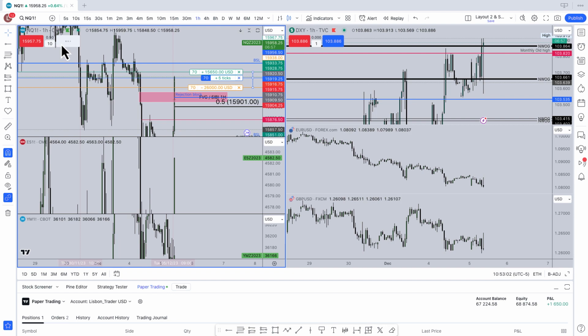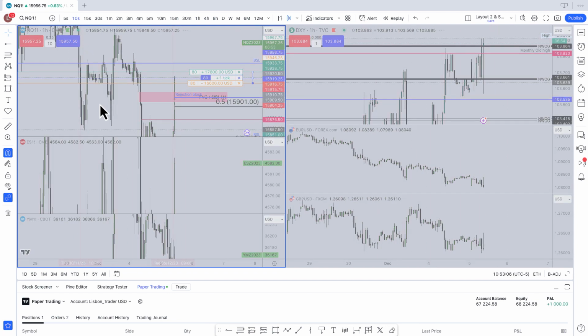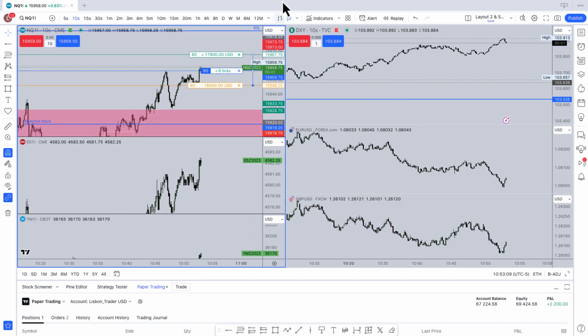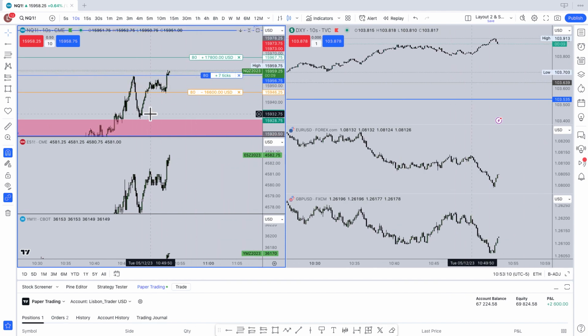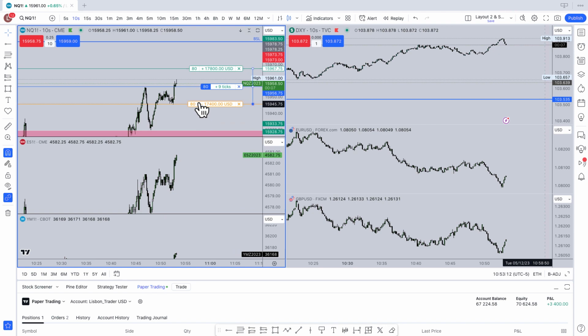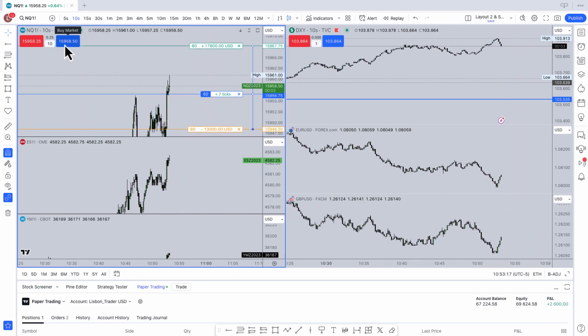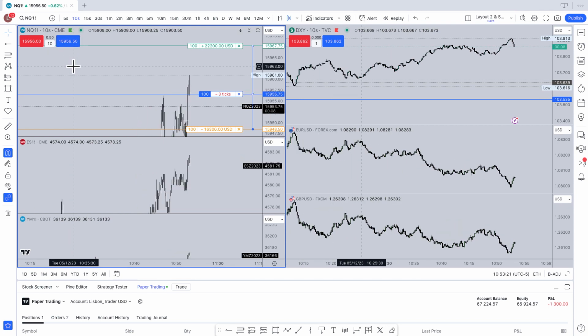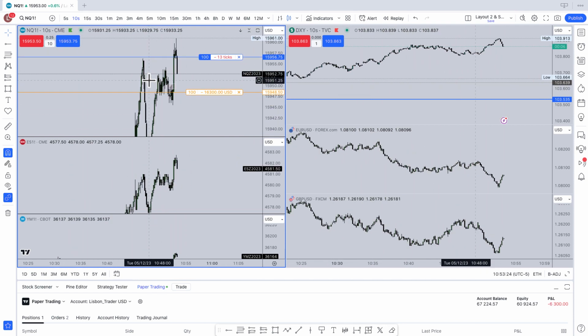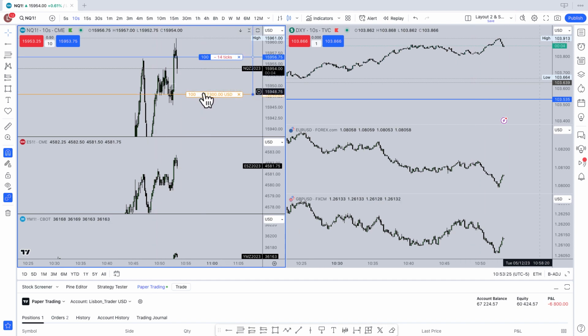Let's risk 17,000. Made a new high, so it will keep on moving. So let's risk 17,000 we have in profit on this portion of the trade.